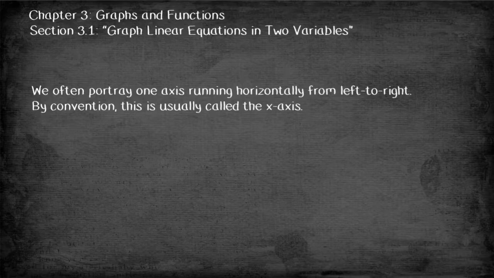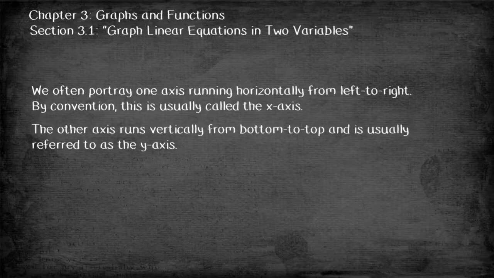Oftentimes we portray one axis as running completely horizontal from left to right. Just by convention, we usually call this the x-axis. The other axis runs vertically from bottom to top, and we usually refer to that as the y-axis. So here's our x-axis. It's a line going from left to right.